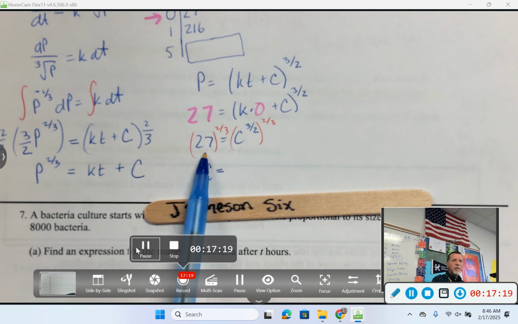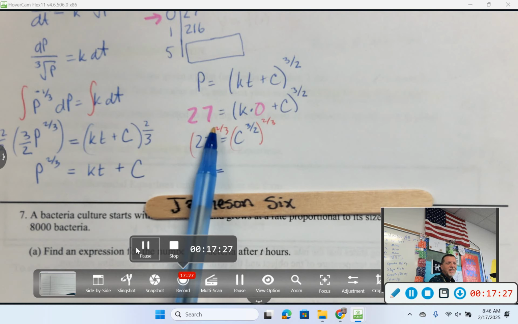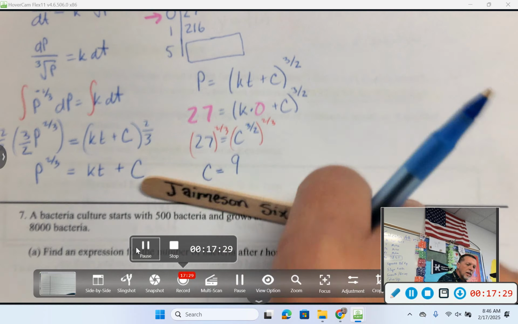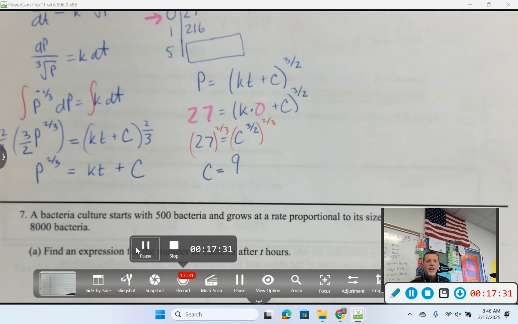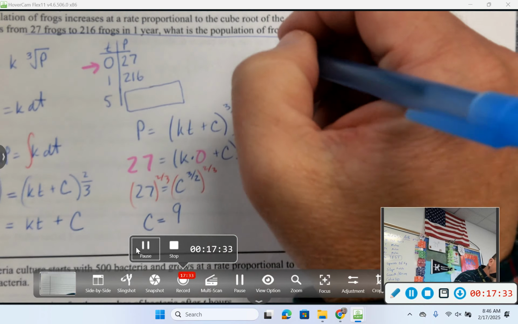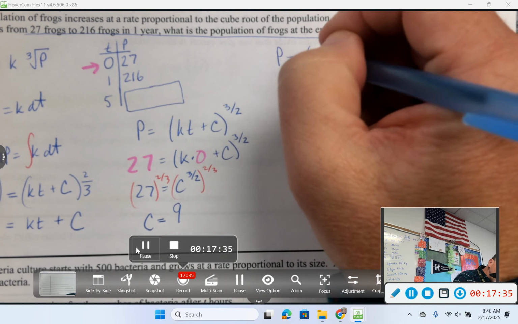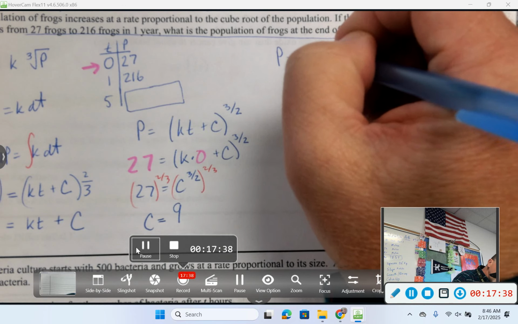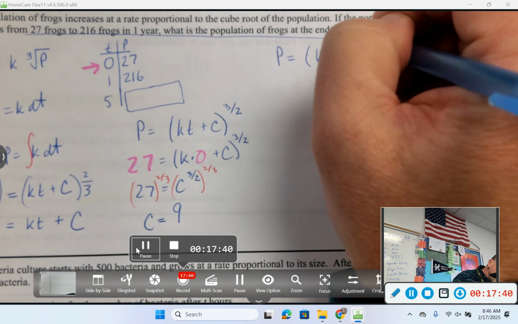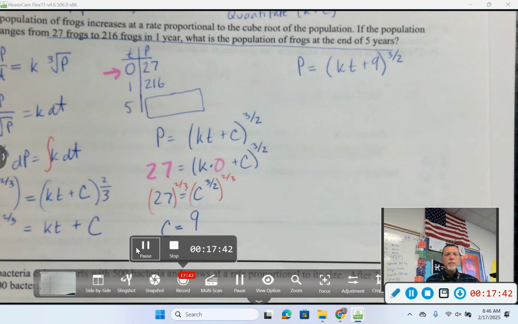So the cube root of 27. And then 3 squared? 9. So C is 9. Okay, so we found what C is, so I can kind of start over here. So P equals KT plus 9 to the 3/2.